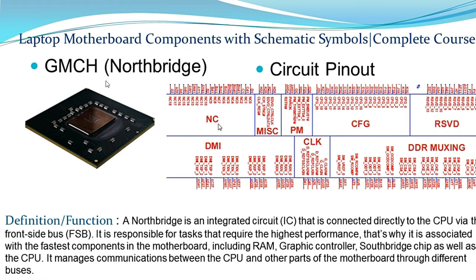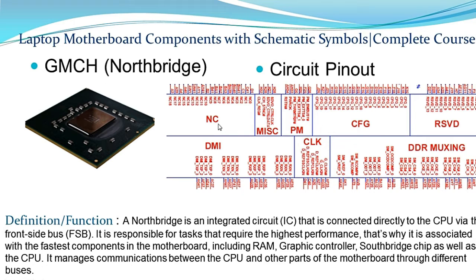So this one, the GMCH, is connected with the CPU on one side, and with the graphic card and with the ICH. It manages communications between the CPU and other parts of the motherboard through different buses.